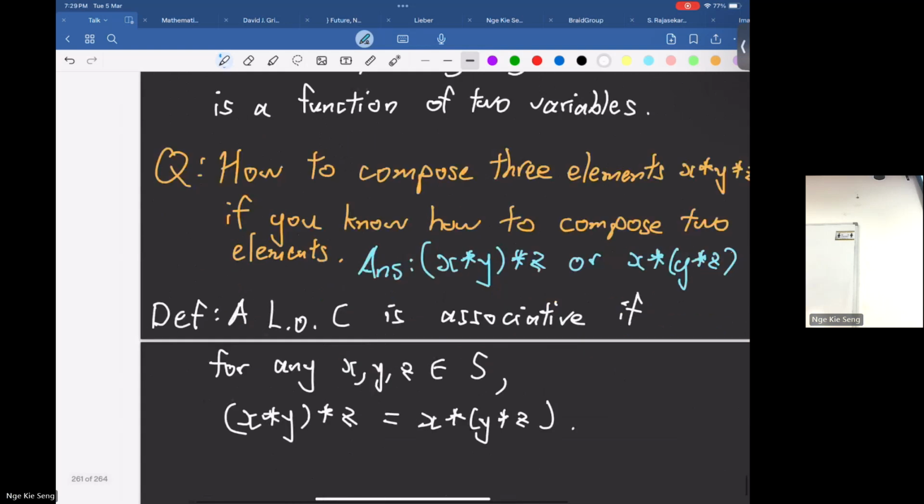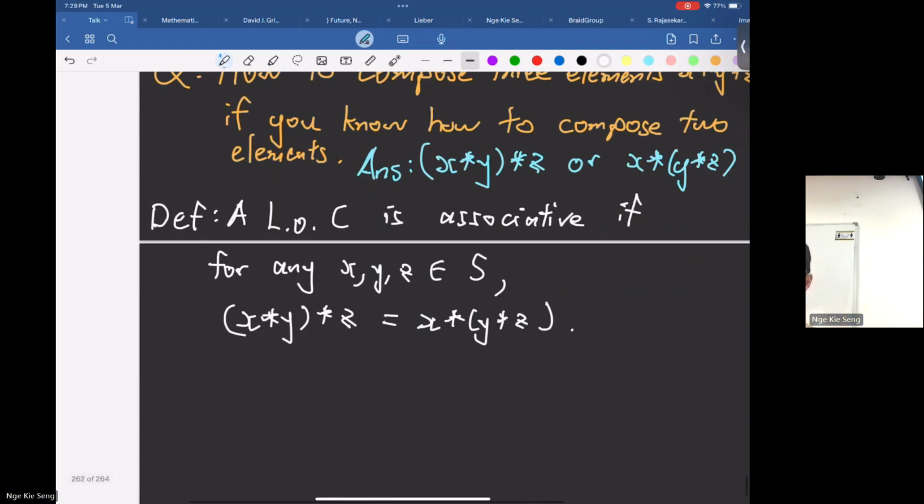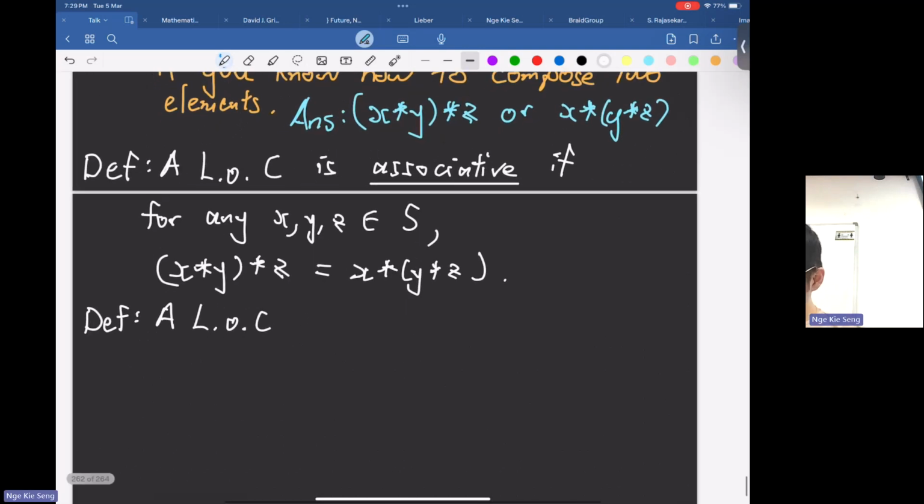Okay. Next, this is associative. Next, we'll say that a law of composition is commutative.